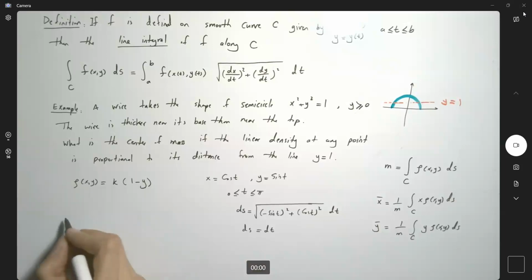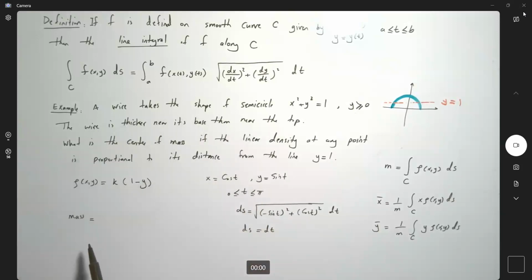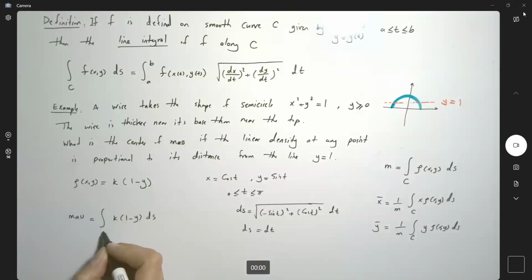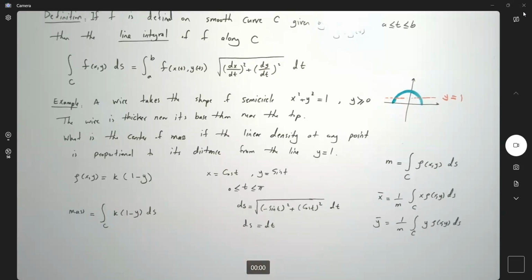Let's find the mass first, the mass of the wire. We need to find a formula for the mass. As we know, it's not homogeneous; it's different at different points. So your mass is equal to the integral of rho, which is k times 1 minus y, ds along C. Then we convert everything to t.